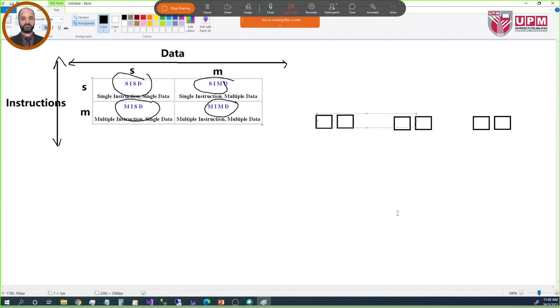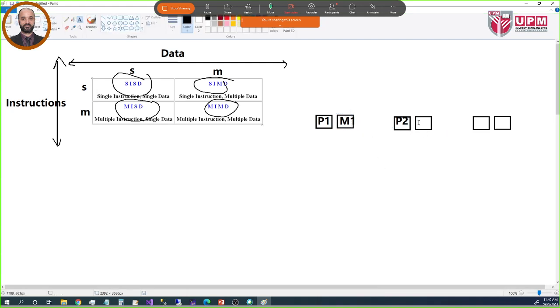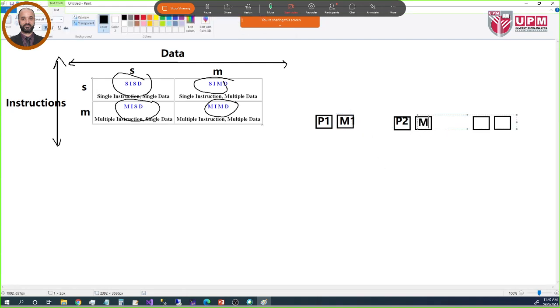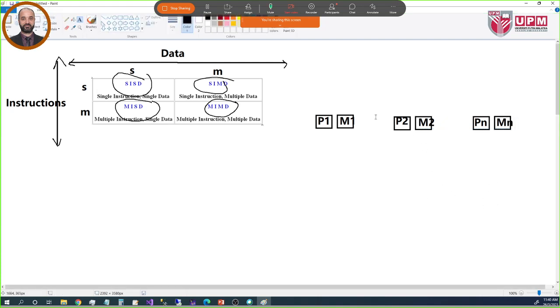So this one is program 1, memory 1, program 2, memory 2, program N, memory N.